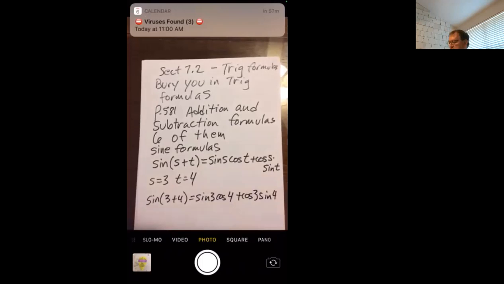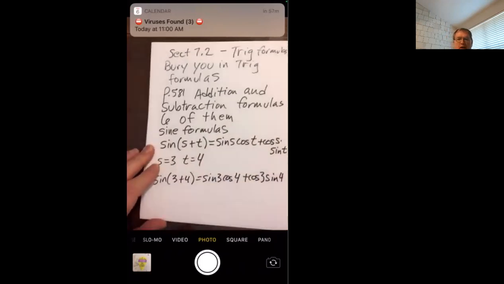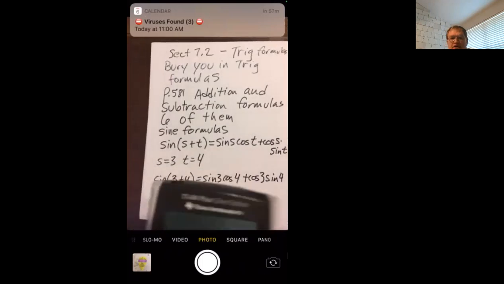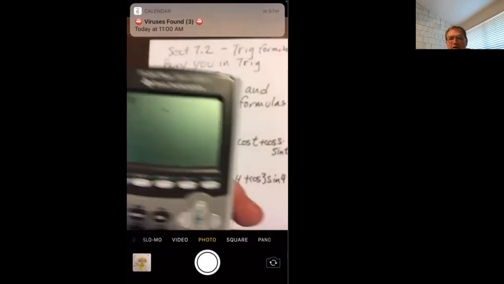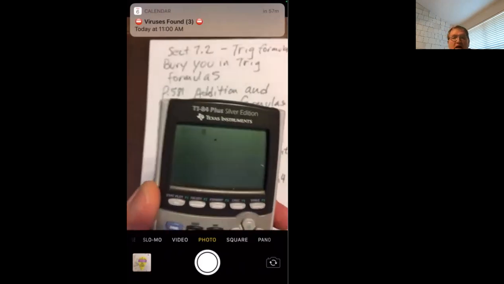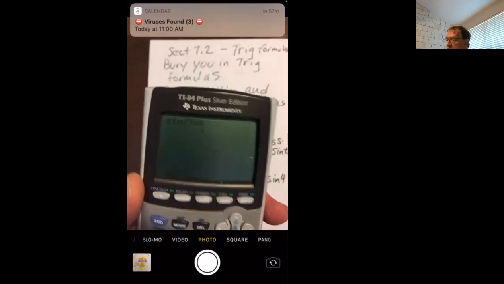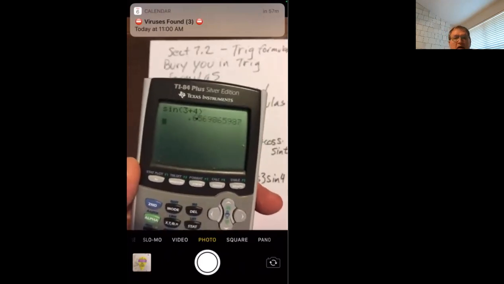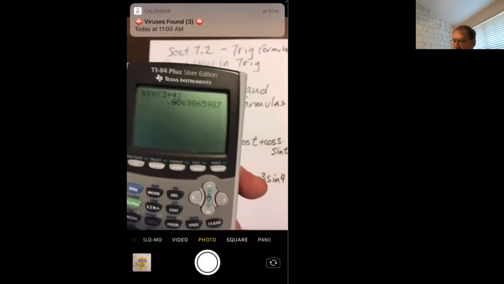I'll punch both sides. You can punch the first one as sine of 7, or like I say, you do this in radian mode. It would work if these were 3 and 4 degrees or 3 and 4 radians. Sine of 3 plus 4 gives 0.656986.